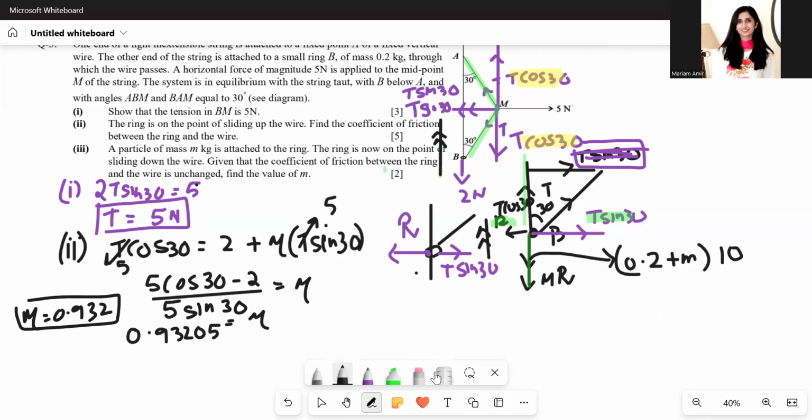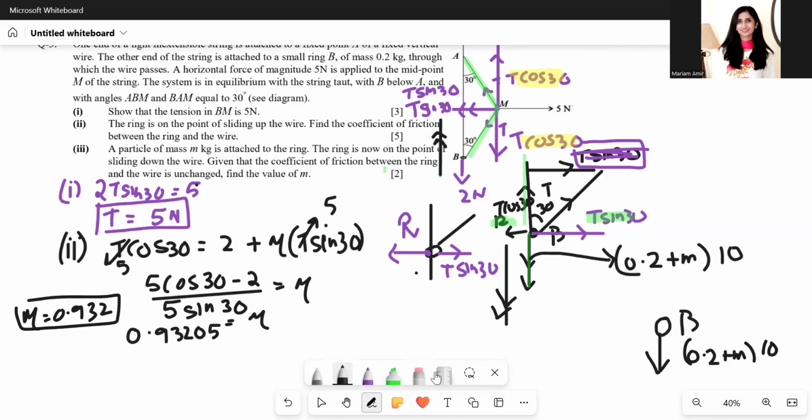Next, it says that the ring is now on the point of sliding down the wire. So now the direction of motion changes. It's now going to be downwards, which means mu R, the friction, is now going to be upwards on B. Let me draw B again. This is point B where the ring is. There's a downward weight, which is 0.2 plus m times 10.